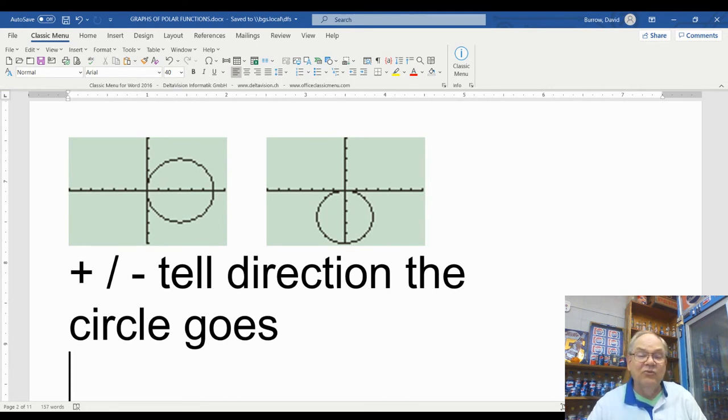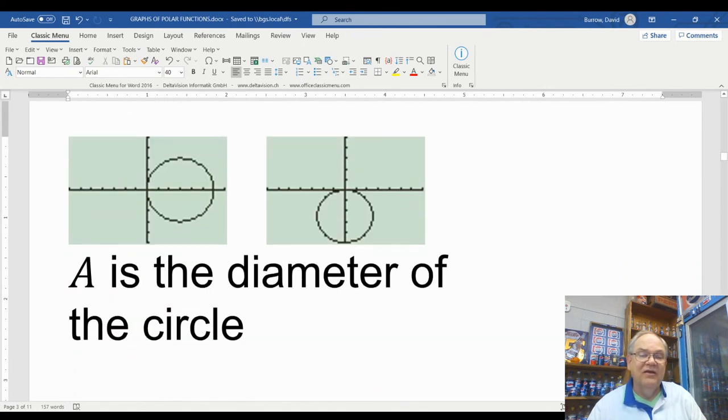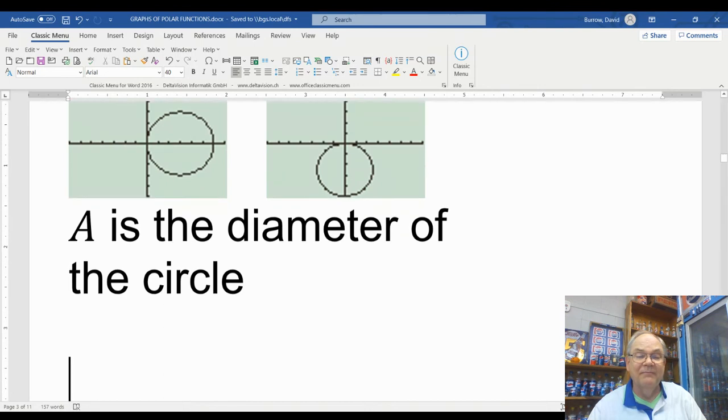The second one would be r equals -5 sine of theta. The negative is what makes it go down instead of up. Whatever that number is tells you the diameter of the circle. So if I had 6 cosine theta, the diameter is 6. With -5 sine theta, I have a diameter of 5.